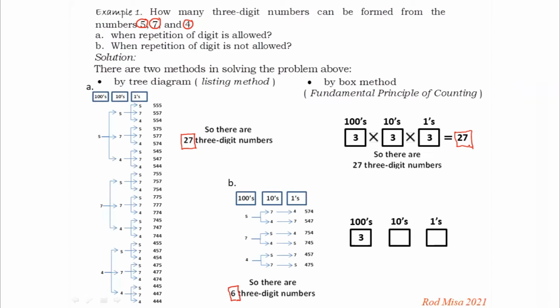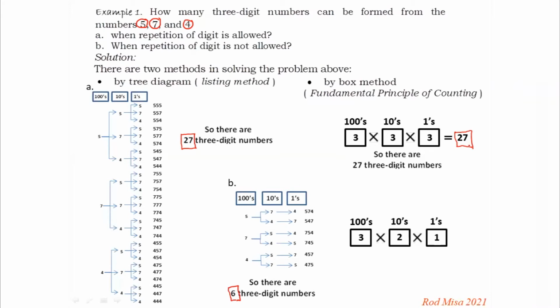So I am left with 2 choices for the tens place. And if I have placed numbers in the hundreds place and the tens place, then I cannot use those numbers in the ones place. So I am left with 1 choice only.